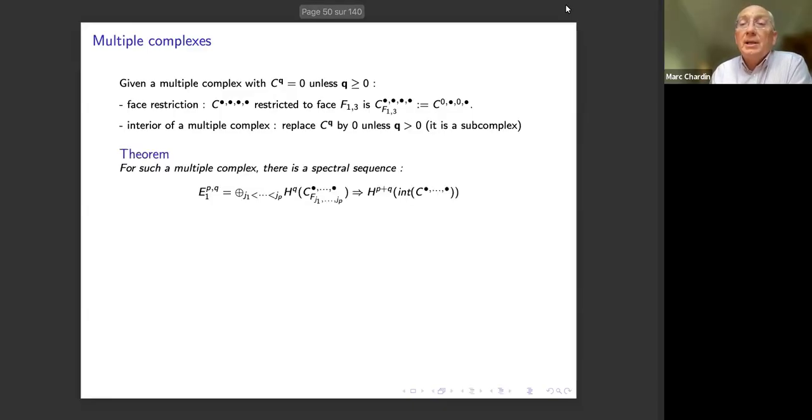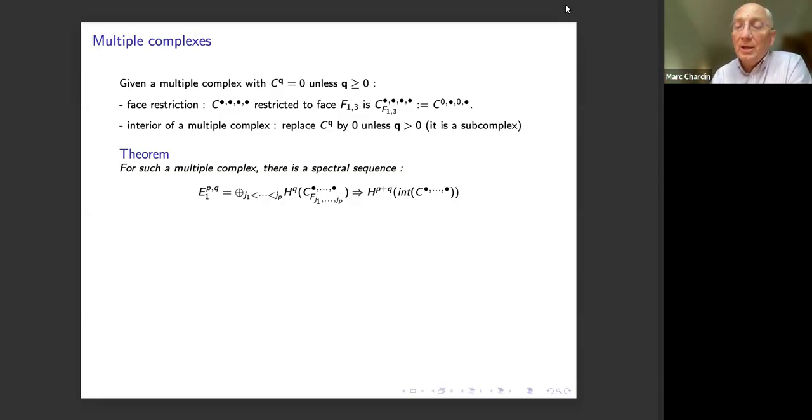Now, the theorem is that you can compute the cohomology of the interior of a multiple complex starting from the homology of all the faces of the multiple complex, of different dimensions. If you have, for instance, a triple complex, the homology of its interior can be computed by a spectral sequence starting from the homology of the total complex, the homology of the three faces of dimension 2, that is, double complexes, then the homology along the lines, and then the sum, which is just one more.